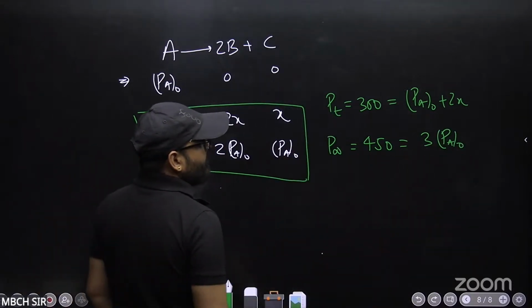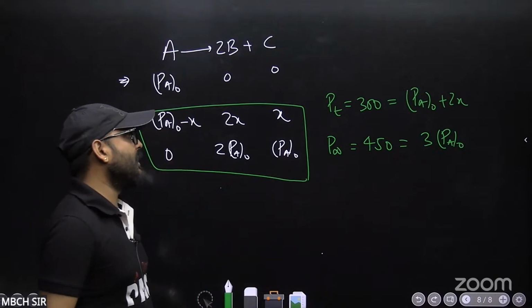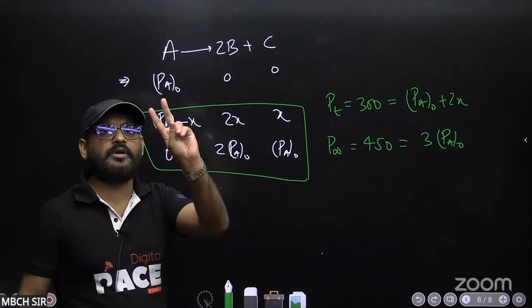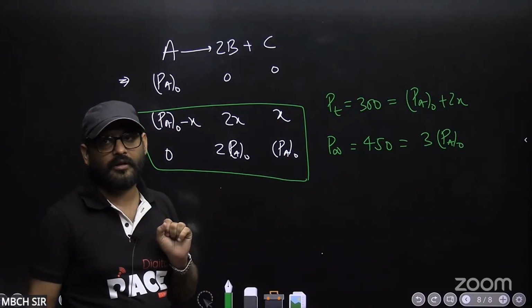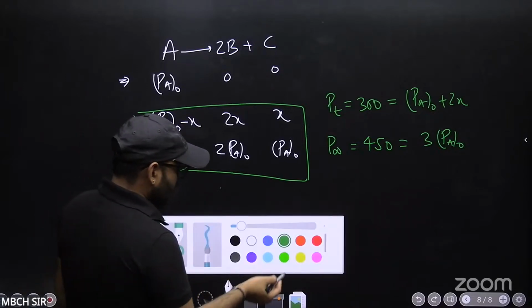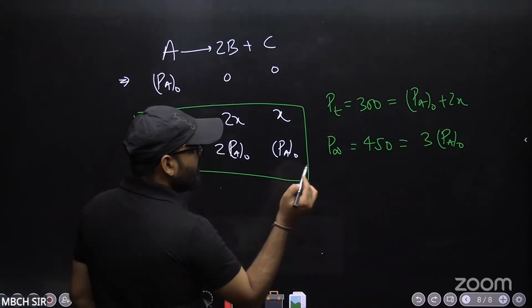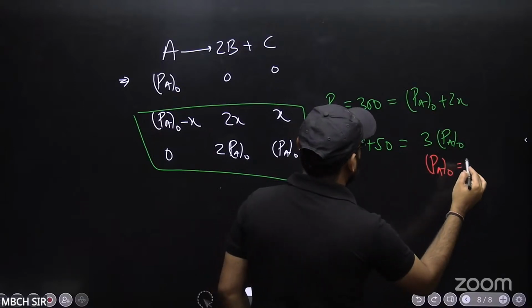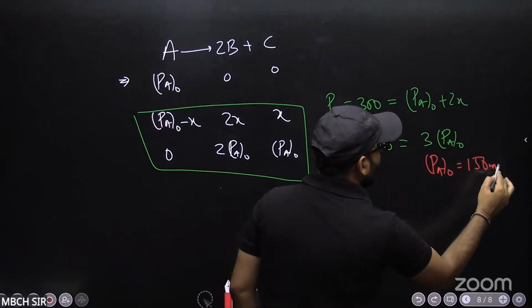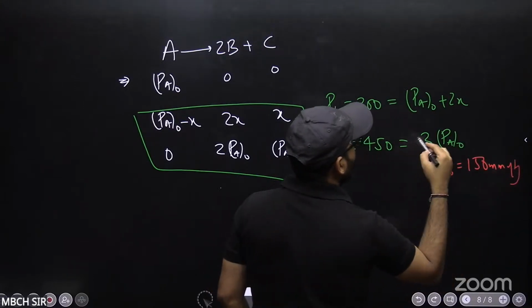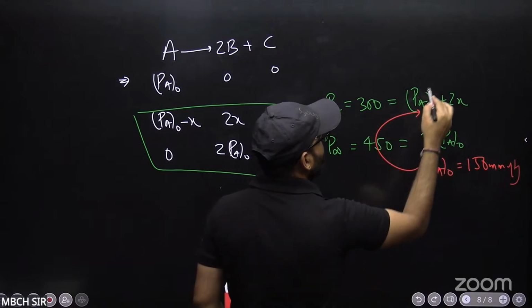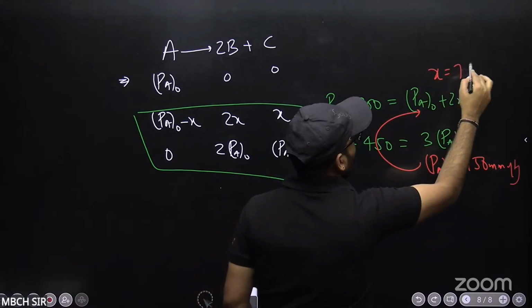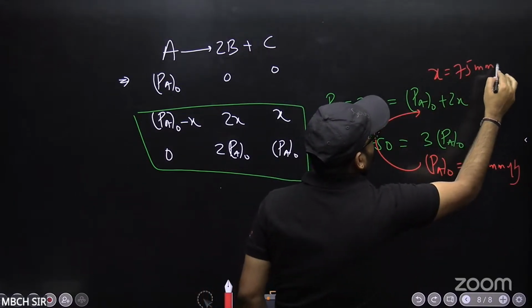Now from these two data, why I'm ignoring P naught? Because only two data are given. So now calculate PA naught. PA naught is 150 mm of Hg and put this PA naught here, then you will get x equals 75 mm of Hg.